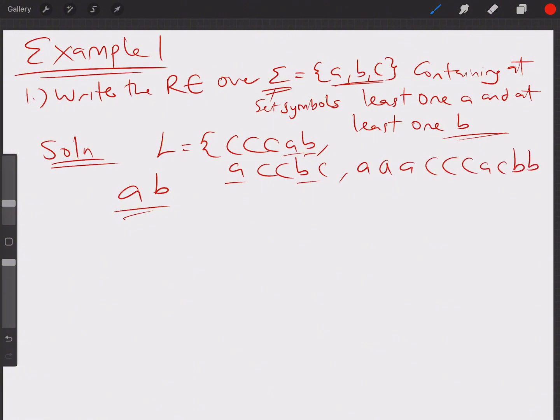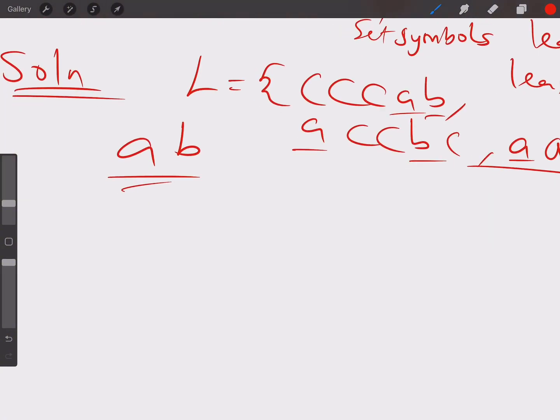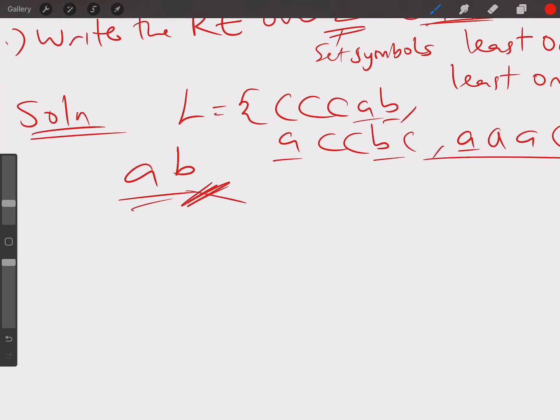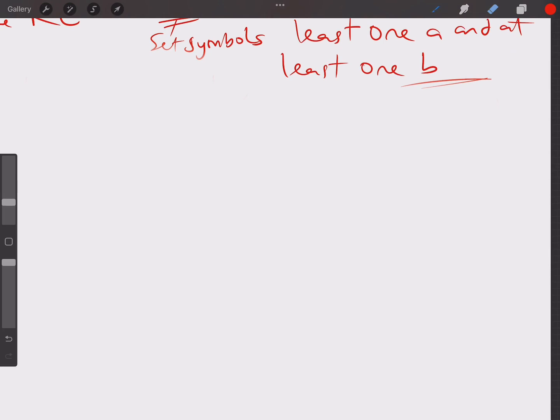That should also work because at least one A, at least one B, and I have way more, and that should be accepted. But here, when I say A and B or AB, this is a severely limited option, so we can't use this. So I'm just going to clean that, and so let's break it down.